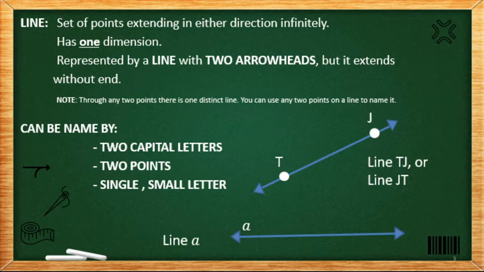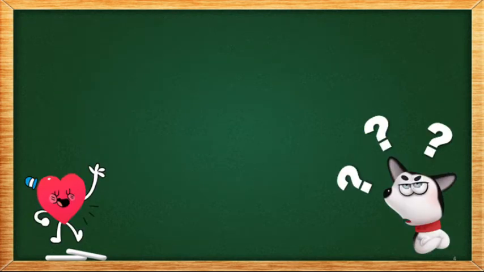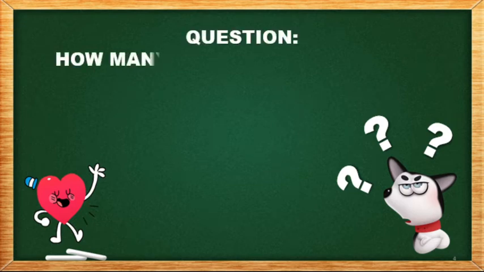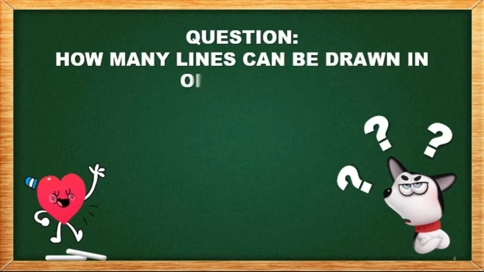The last one of the undefined terms is a plane. But by the way, before we proceed with that, this is my question. How many lines can be drawn in one point? What do you think? Pwedeng isa, pwedeng dalawa, pwedeng tatlo, pwedeng apat. So imagine the sea urchin, yung kulay itim na bilog.